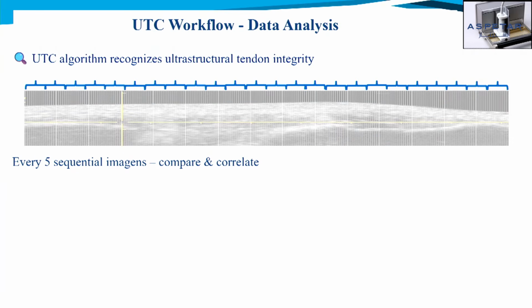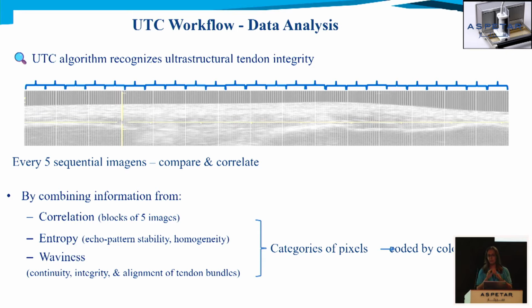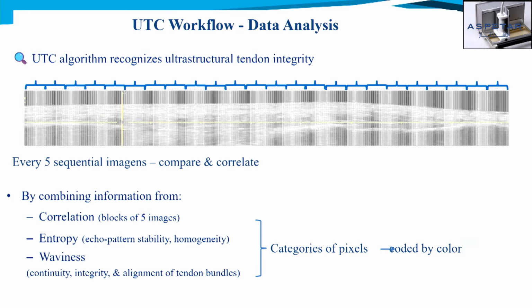But how does the algorithm work? It gets each picture and compares it with the two previous and two after to see how the structure is present in this image. So it combines all the correlation with these successive pictures, each block of 5, and goes 1 to 5, 1 to 5. And then it observes how the echo pattern is, how stable it is, how homogeneous it is, and the alignment of the pixels between the images.